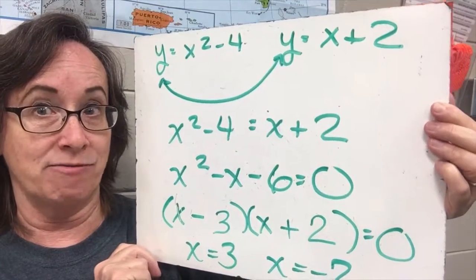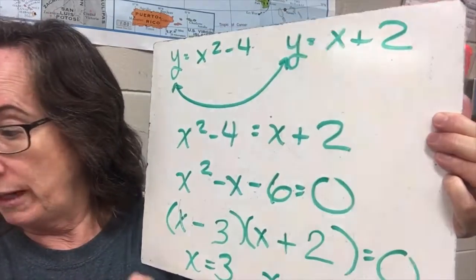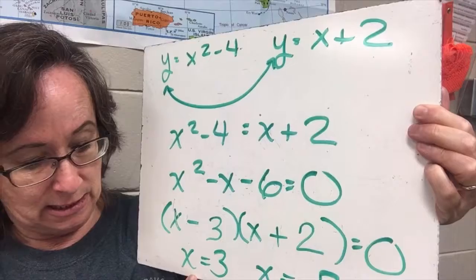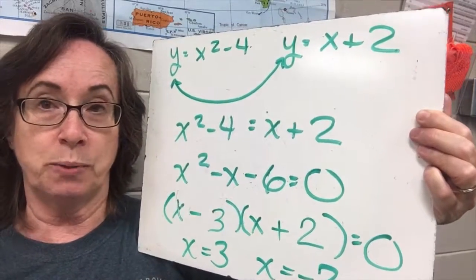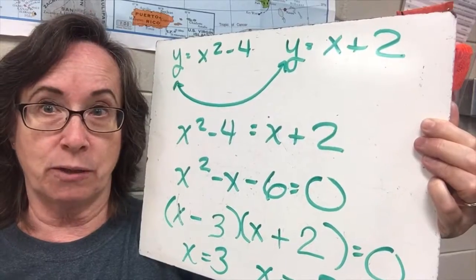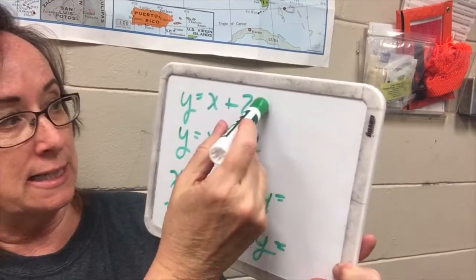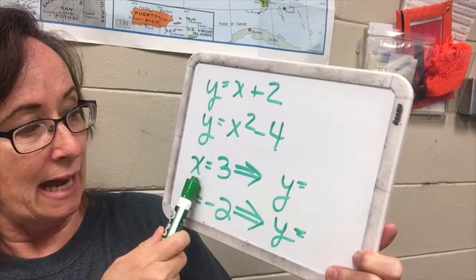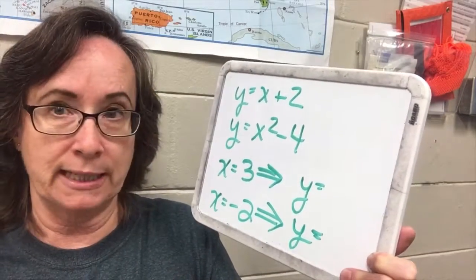I have not yet found the y values. So now I'm going to rewrite this, x is 3 and x is negative 2, but I'm going to put them into my two equations I started with. So here on this board, I have my two equations, and I have x is 3 and x is negative 2, which I've already discovered.